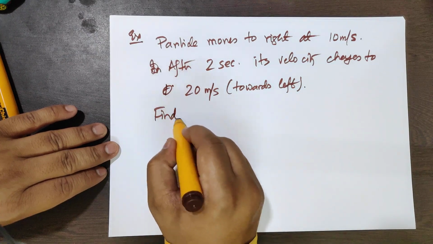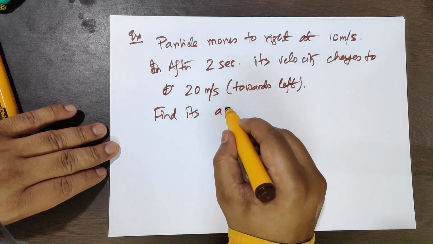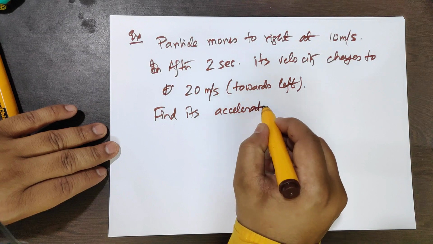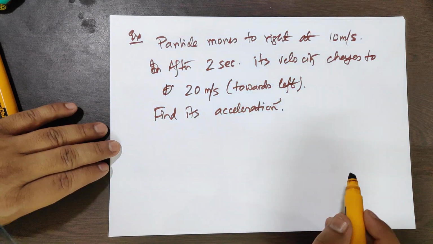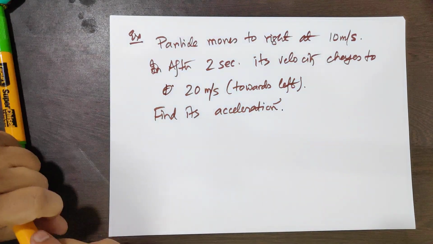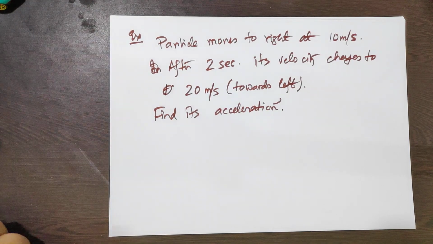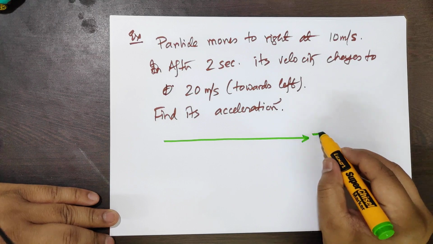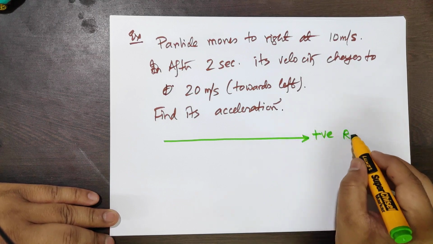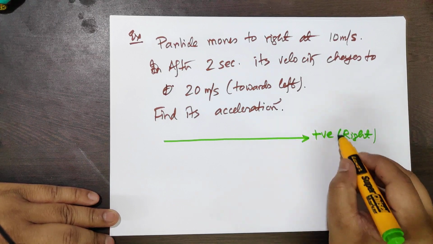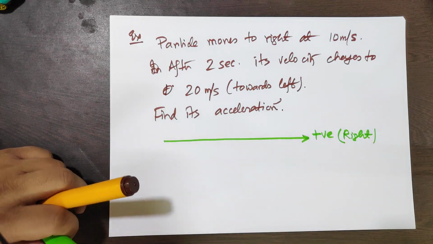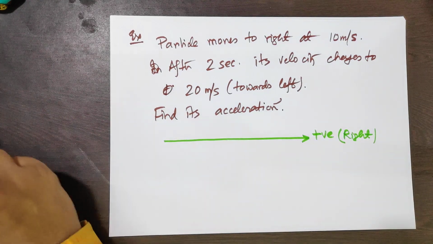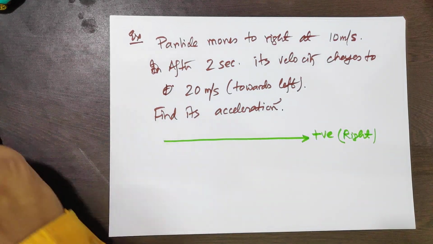Find its acceleration. Okay. So before solving any problem, what is the rule? To choose the direction. So the positive direction is towards the right, because velocity and acceleration are all vector quantities, they come with magnitude and direction both.